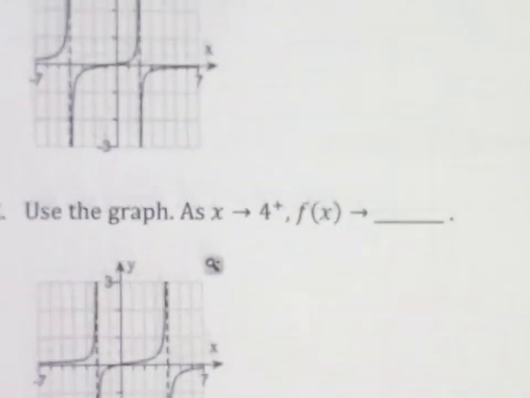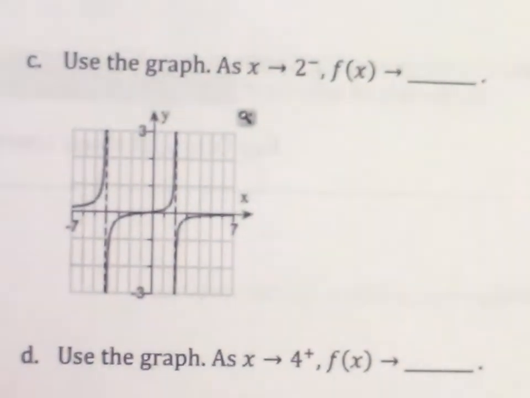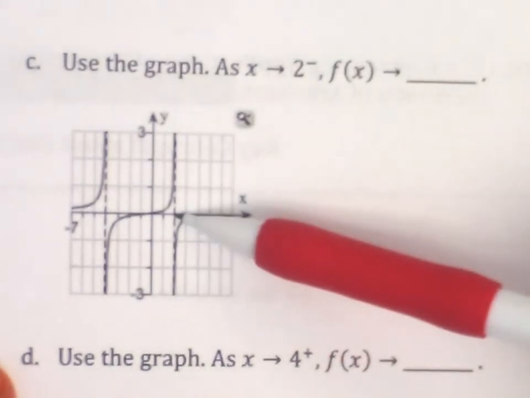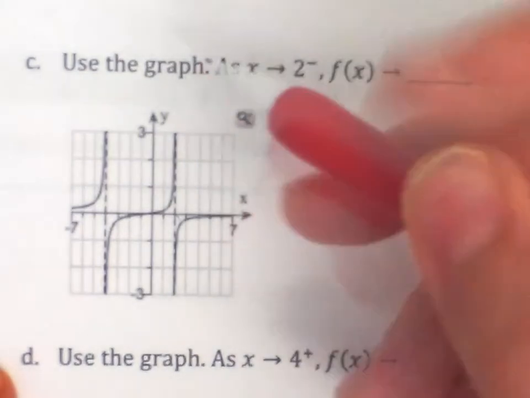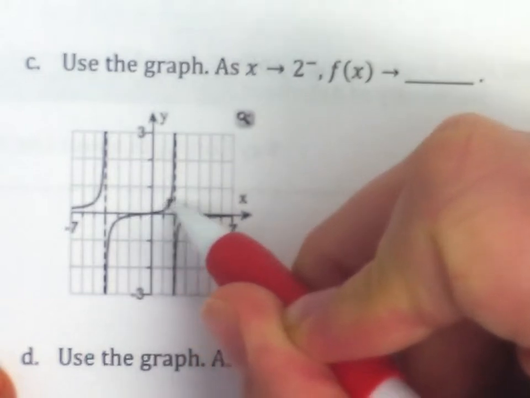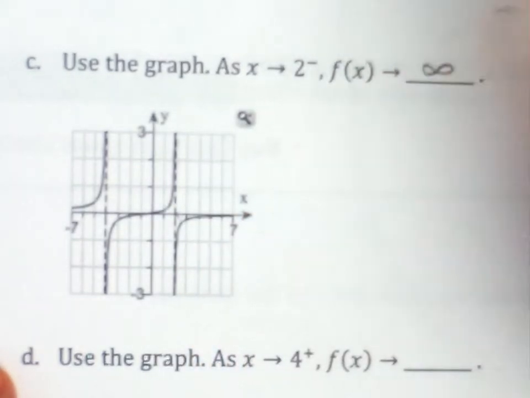We keep going and looking at some more. We have example C. So another similar graph. As x approaches 2, so here's 2, as x approaches 2 from the negative side. So as we get to here, from the left, we're walking along here, we're coming up, and so again it looks like we're going to infinity.